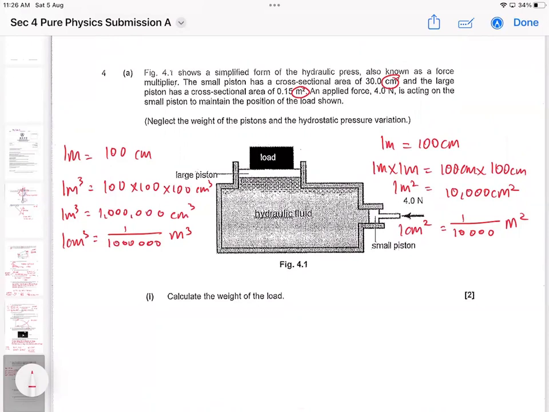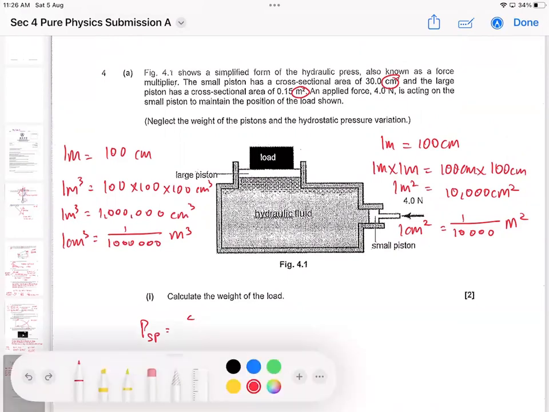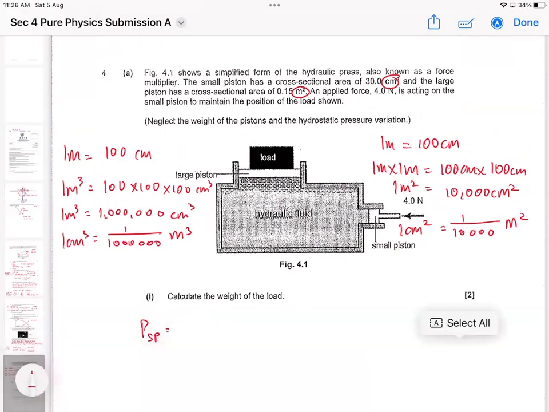So pressure at the small piston, we will have 4 over the area, which is 30. We need to divide by 10,000 to convert it to meter square. So force divided by area. Our force is 4, our area is 30 over 10,000. This will be in Pascal.